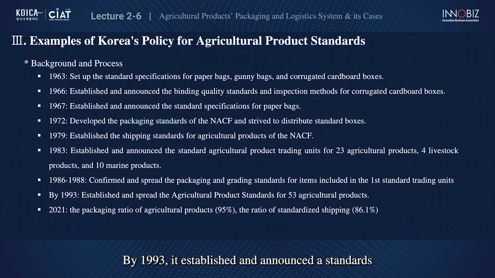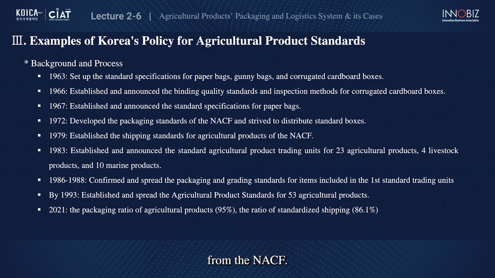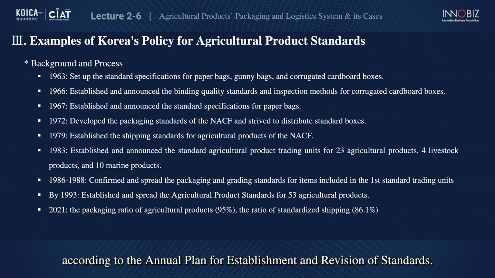By 1993, it established and announced the standards for 53 agricultural products. In 1993, the standardization task was transferred to the NAQS from the NACF. Since then, the standards have been expanded to cover more items and revised to better suit the reality according to the annual plan for establishment and revision of standards.